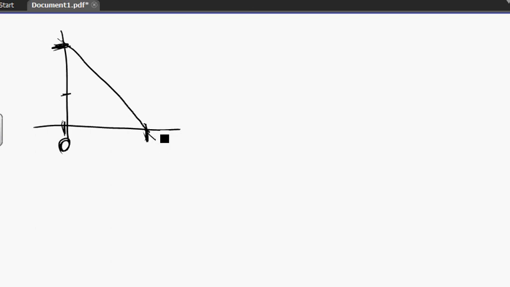1. Okay, and if these two sides of this right triangle, the horizontal and vertical sides, are the same, what is this number here along the x-axis?